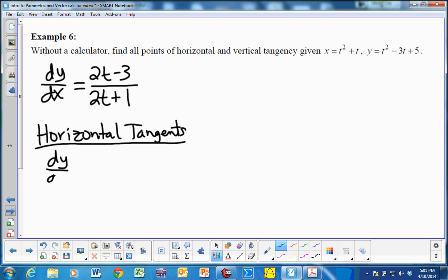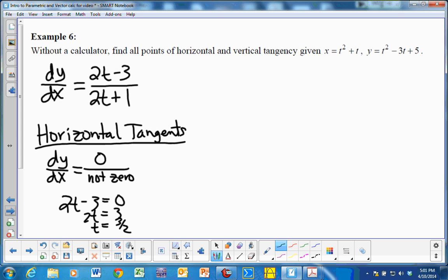Well, all I have to do is say derivative dy dx equals 0 over not 0. That's sufficient. I've explained what I'm doing. I'm looking for where the top is 0 and the bottom is not 0. So all I have to do is solve when is 2t minus 3 equal to 0, which would be, of course, when t is 3/2. So when t is 3/2, I'm going to have a horizontal tangent line.